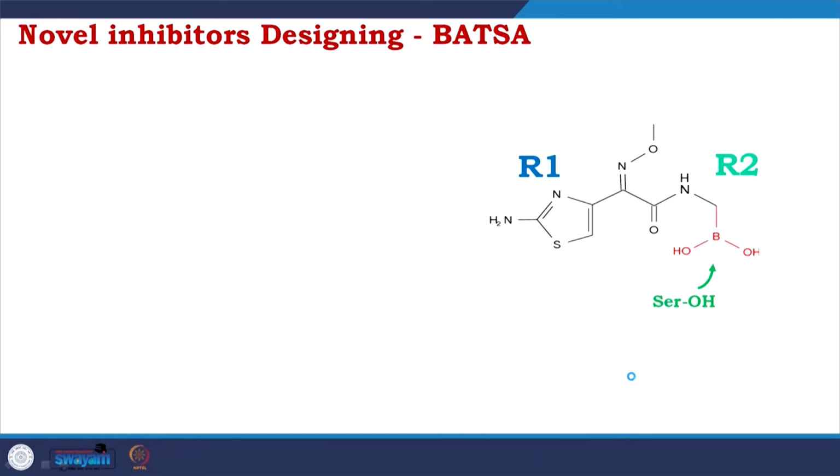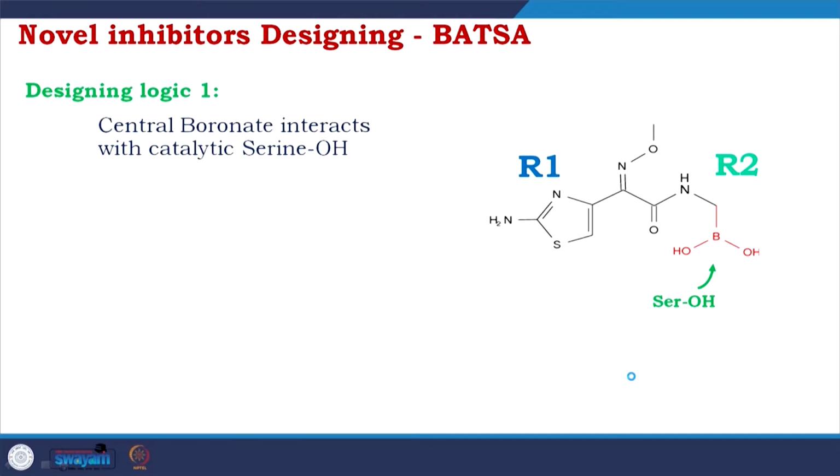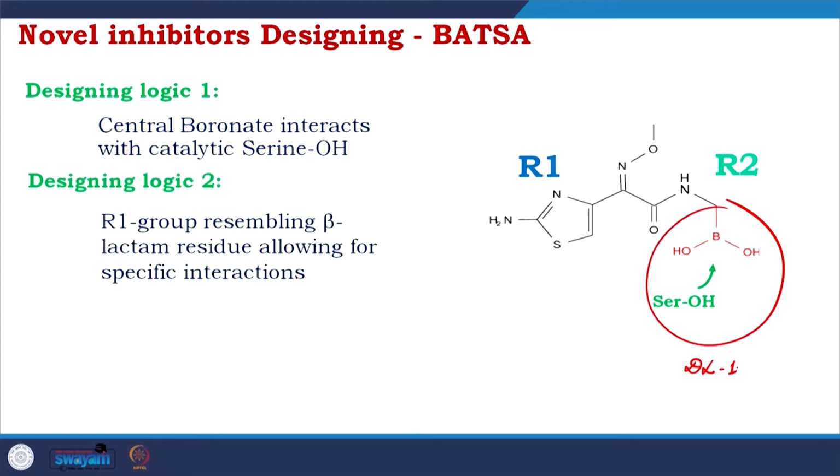So, first of all, how have we designed the Butts's? We have 3 designing logics behind the development of the compound. First, as I have already discussed, we introduce the central boronate, which interacts with the catalytic serine hydroxyl. So, introduction of this is designing logic 1. Designing logic 2 is to introduce the R1 group.